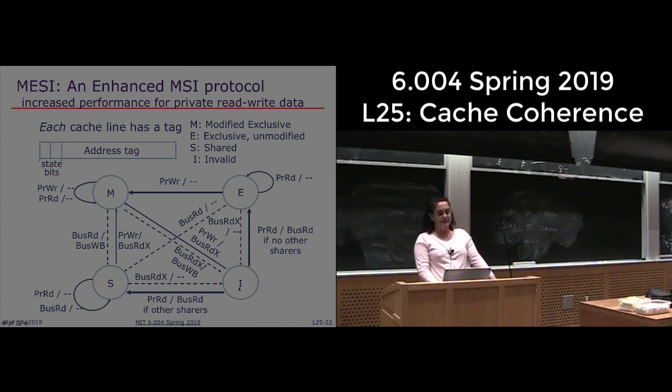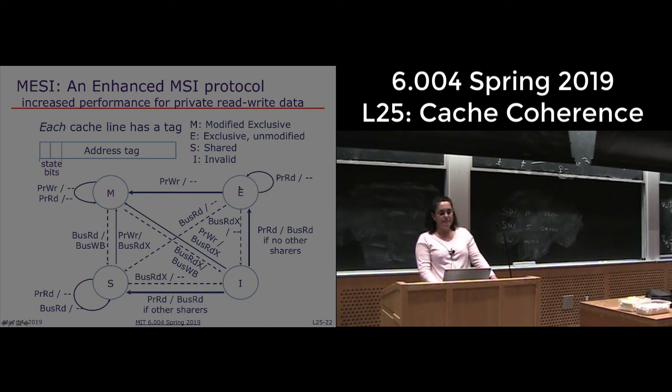So now what's going to happen? Anytime I'm in the invalid state and I do a process read, then one of two things can happen. If nobody else is currently looking at this address, then I go directly to the exclusive state. If there are other sharers, then on a process read, I'm going to go into the shared state.